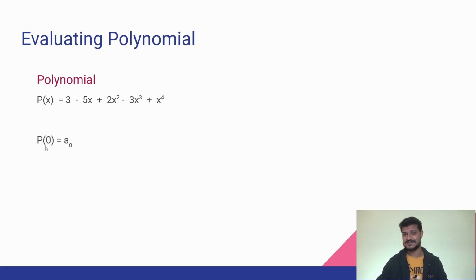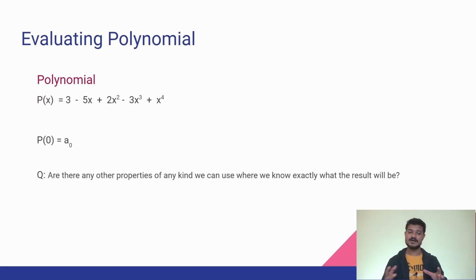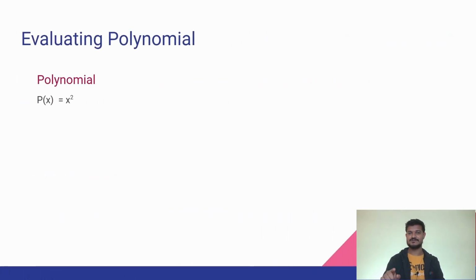You directly get the result, right? Similarly, are there any other properties of any kind that we can use to evaluate the polynomial fast, right? Basically, where we know the exact result, what it's going to be. For example, for 0, we already know. So are there any other points? The answer is yes.